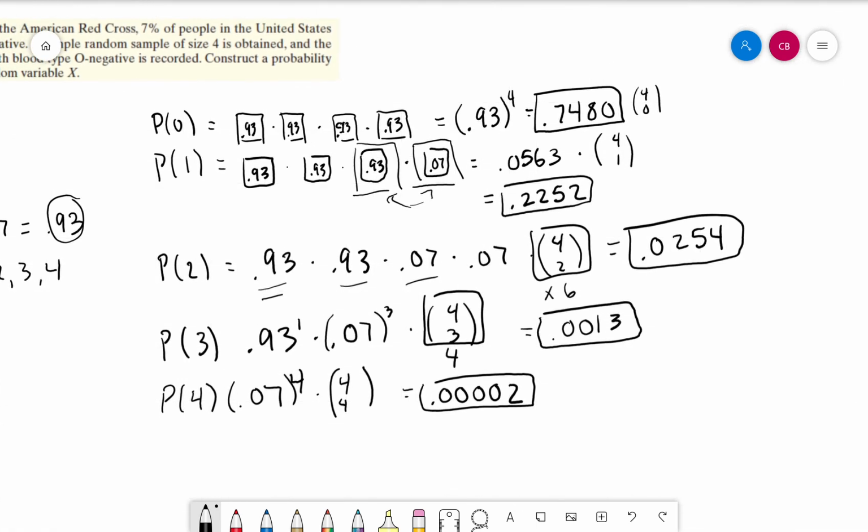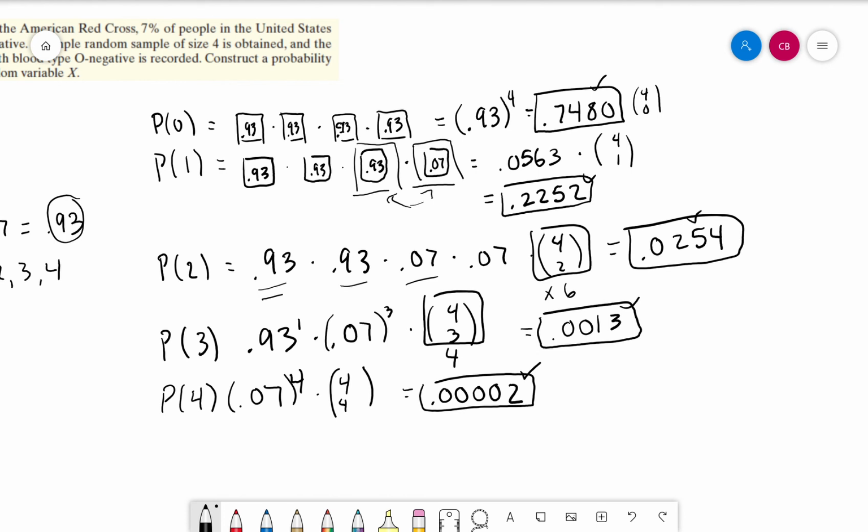I believe if we add all of these together, it should add up to about 1 if we have done this correctly. Let's just verify to make sure. 0.748 plus 0.2252 plus 0.0254 plus 0.0013 plus 0.00002.